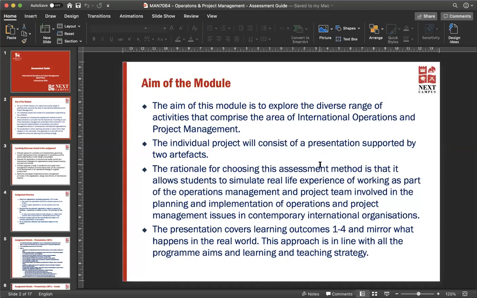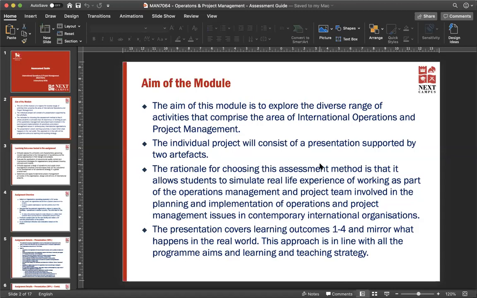So the aim of this entire module is to explore the specific activities in the area of operations and project management. For that, they would like you to identify an organization of your choice. The organization could be a manufacturing organization or a service organization. Once you identify that organization, you have to do an in-depth study of how this organization operates, in simple words.